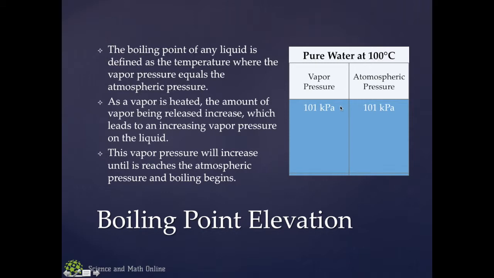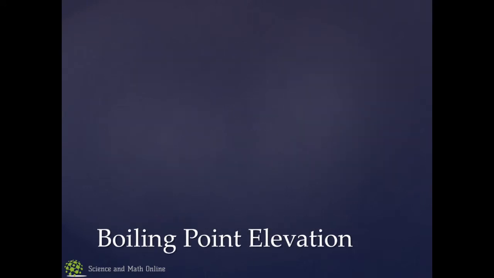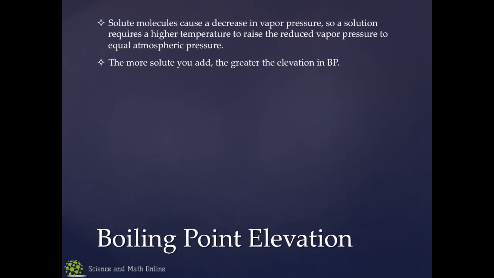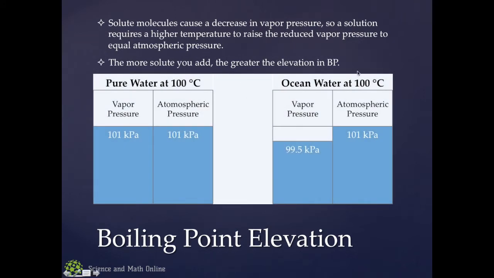Now, back to colligative properties. What's going on here is that the solute molecules cause a decrease in the vapor pressure. We've already talked about that, vapor pressure reduction. Because of that, we have a lower vapor pressure. So pure water at 100 degrees Celsius is at atmospheric pressure, and we're going to be boiling.